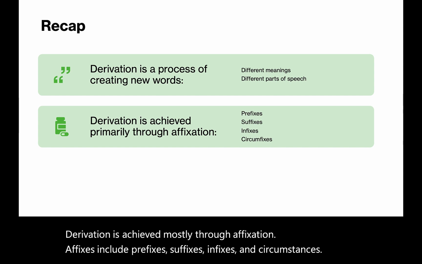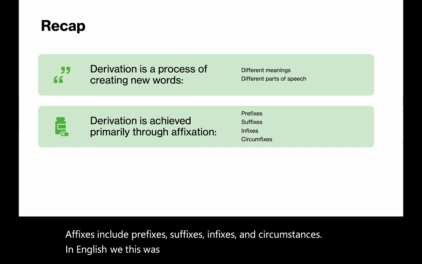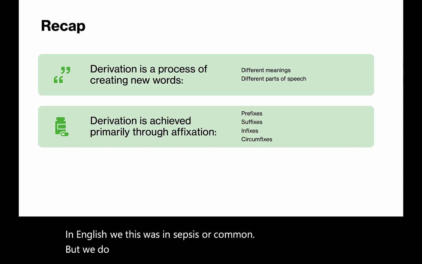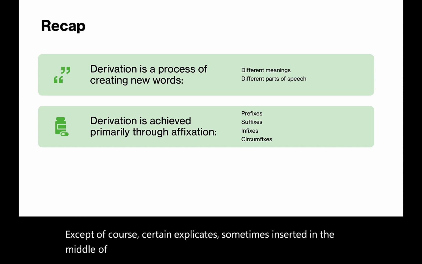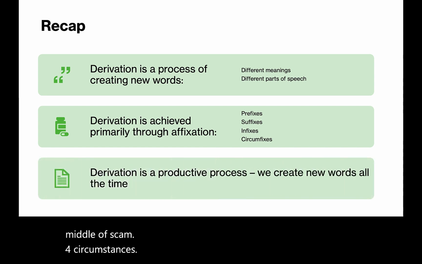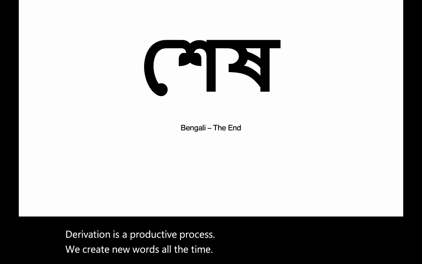In English, prefixes and suffixes are common, but we do not have any productive infixes, except for a certain expletive we sometimes insert in the middle of stems, or circumfixes. Derivation is a productive process. We create new words all the time. In the next lecture, we'll talk about another morphological process, inflection.